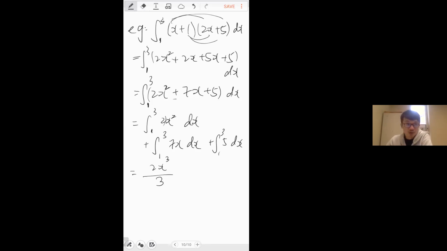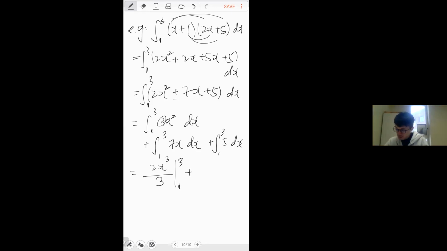So the 2 doesn't do anything. So that means I only need to find the antiderivative of x squared. The antiderivative of x squared is x cubed divided by 3, and then you still need to keep the 2. And then I need to plug in 1 and 3. Do the same thing for the second and the last integrals.